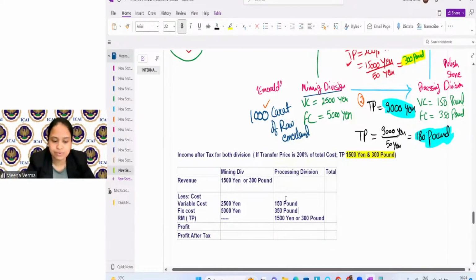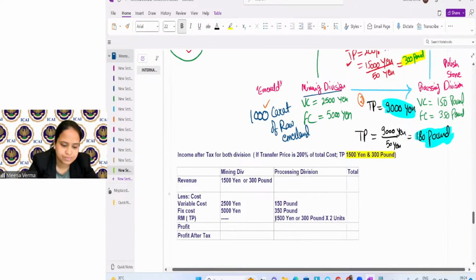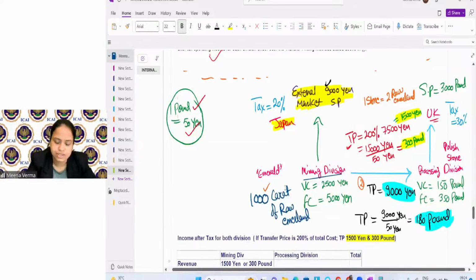And 300 pound we will consider here. And is it given? Okay, 300 pound is for 1 unit. The point is that we are using 2 units for the production, so we have to multiply it by 2, because we are using 2 units of this for one production. I hope you are getting why I'm considering 2 units. And then let me see the final sale value, 3,000 pound.